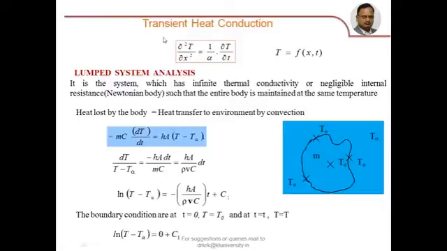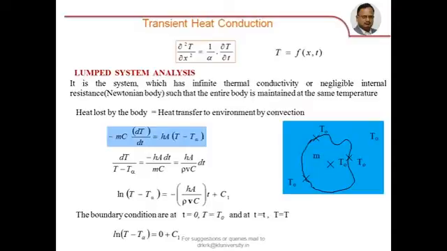Now, transient heat conduction or unsteady state heat conduction means the temperature varies with respect to time. So far in the analysis we have done, we always assumed that the temperature at a particular point is constant and not varying with respect to time.